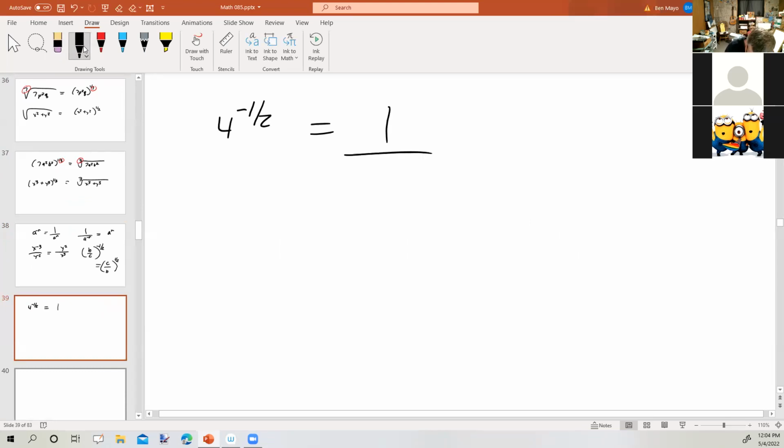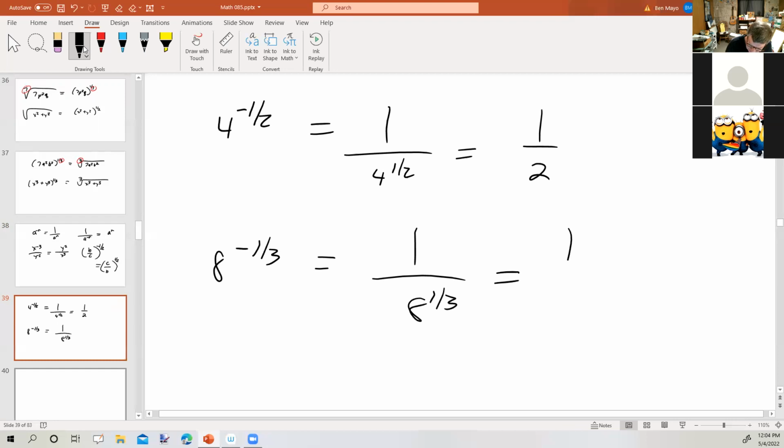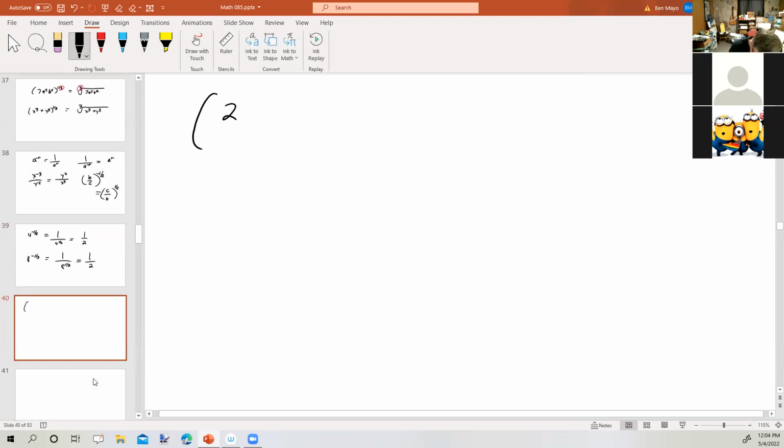But this could be 1 over 4 to the positive 1/2 power, which would be 1 over 2 or 1/2. 8 to the negative 1/3 power would be 1 over 8 to the positive 1/3 power, which would be, again, 1/2 because the cube root of 8 is 2. Okay with that? Yes. All right.